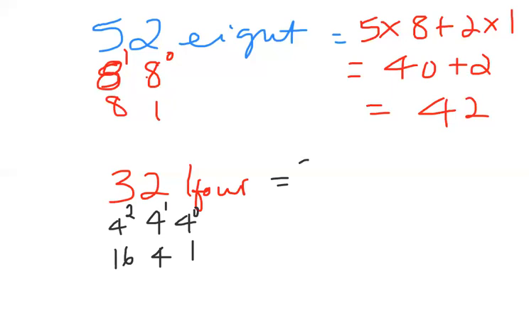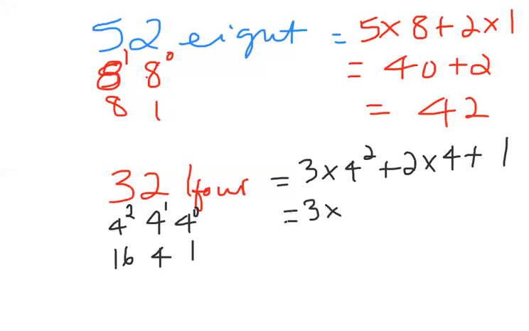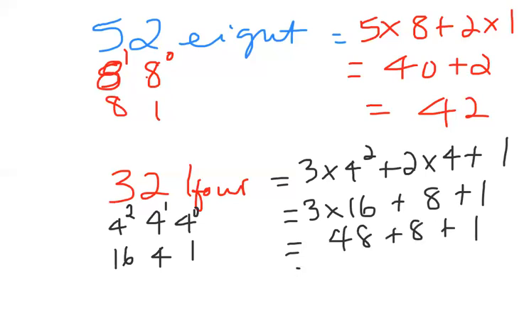So this would be 3 times 4 squared plus 2 times 4 plus, I'm just going to put 1, guys, the last digit. I'm not going to do 1 times 1. That's just ridiculous. And then you throw that on your calculator. 4 squared is 16. 2 times 4 is 8. 3 times 16 is 48. You add the 8 and the 1 to it. So what do you end up with? 57.